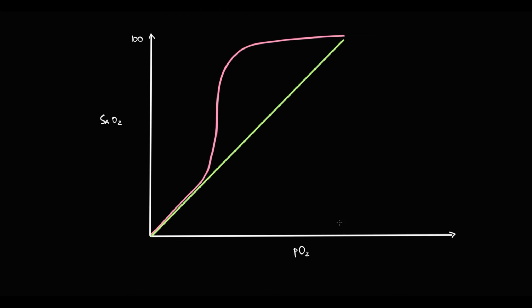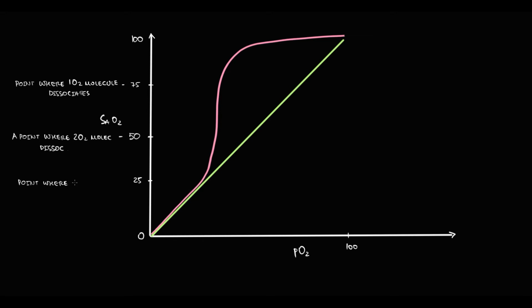In oxygen saturation, we are interested only in points where hemoglobin gives away oxygen. So it's a point where hemoglobin loses 2 oxygen molecules and becomes 50% saturated, a point when hemoglobin loses the first oxygen molecule and becomes 75% saturated, and loss of 3 oxygen molecules makes hemoglobin 25% saturated.